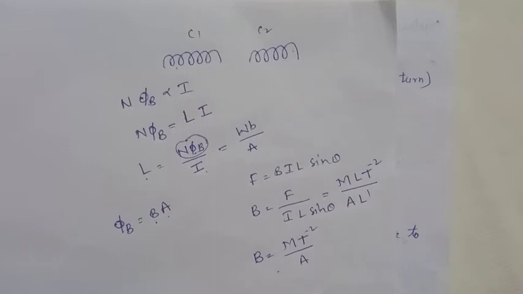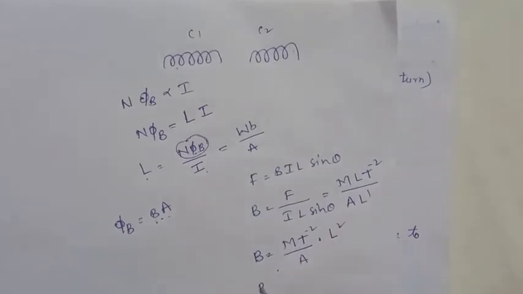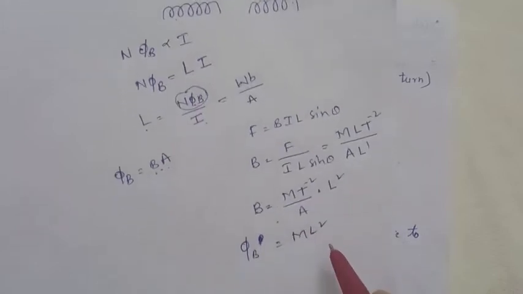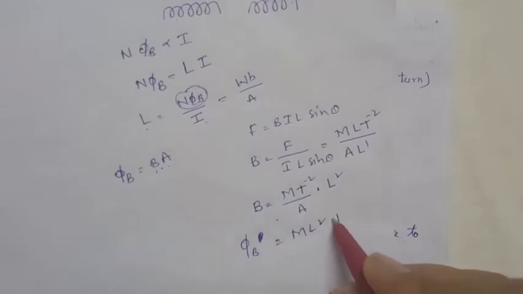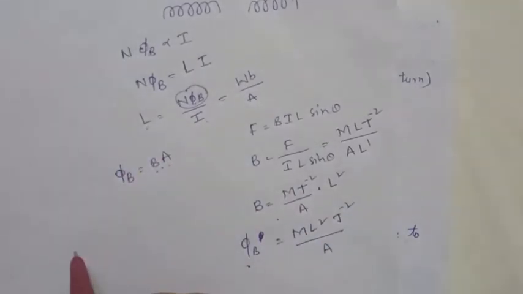And the dimension formula for area is L into L, L square. So the dimension formula for phi B is M L square T power minus 2 by A. It is the dimension formula for phi B. So what is the inductance dimension formula?